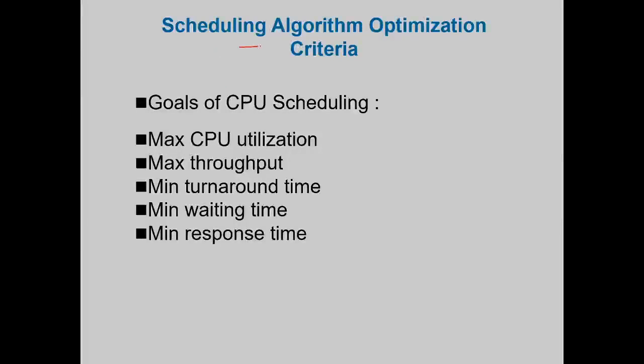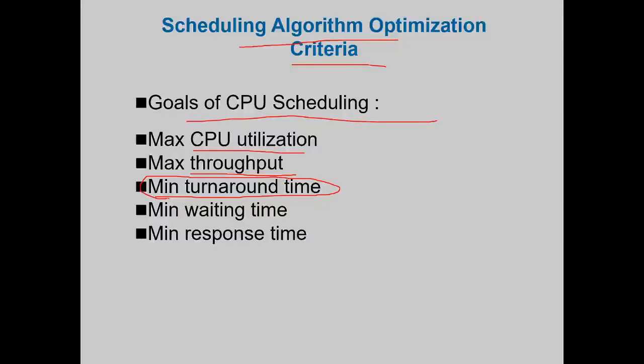Next, scheduling algorithm optimization criteria, or you can say the goals of CPU scheduling. The CPU scheduling goal is to maximize CPU utilization. The algorithm takes care that maximum CPU utilization is achieved, and there must be maximum throughput: in less time, more processes have to be executed. There must be minimum turnaround time, the difference between the arrival time and the completion time.